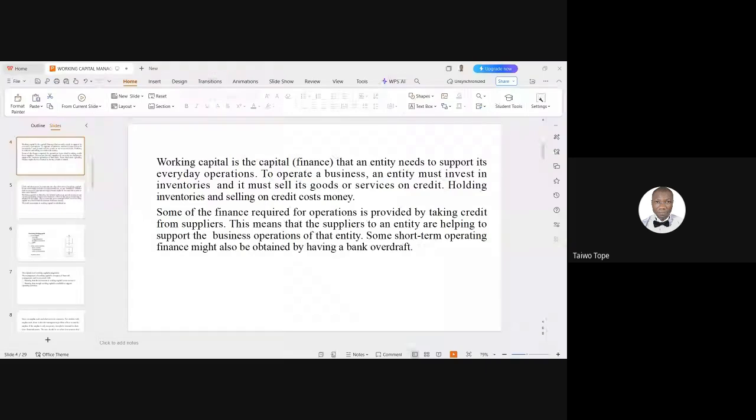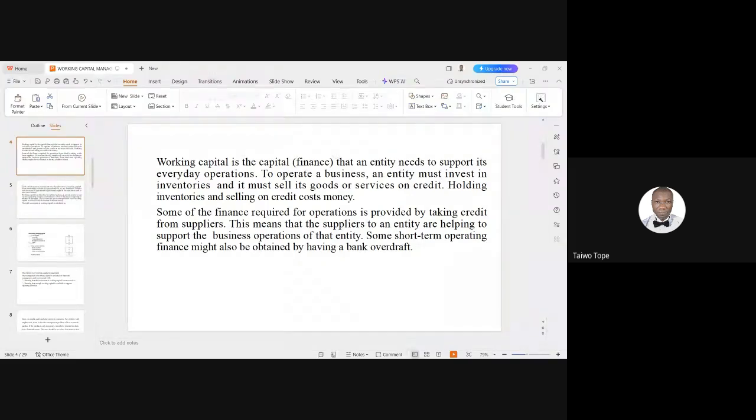So in this working capital cycle, you need cash to buy raw materials. When you use your cash to buy your raw materials, you convert your raw materials to what? To finished goods. Your finished goods move in the form of what? Sales. And the sales can be in the form of what? Credit sales. And that will bring in debtors.